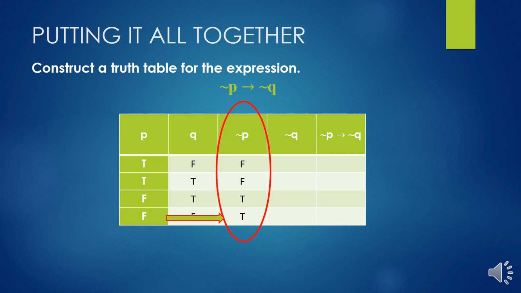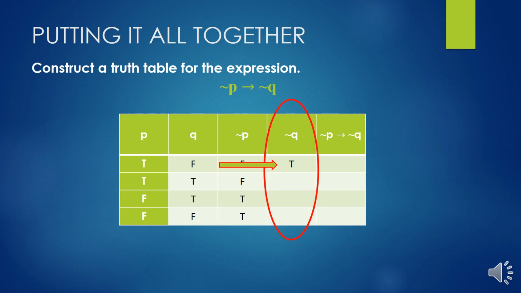Now let's move on to the not Q column. We're looking at Q, so the false becomes true, the true becomes false, the true becomes false, and the false becomes true. Now we'll look at our last column. Not P implies not Q. This time we're going to be focusing on the two columns that I have circled here.